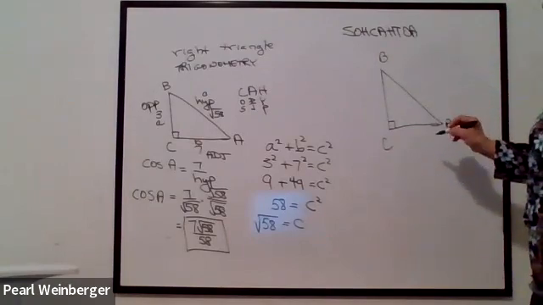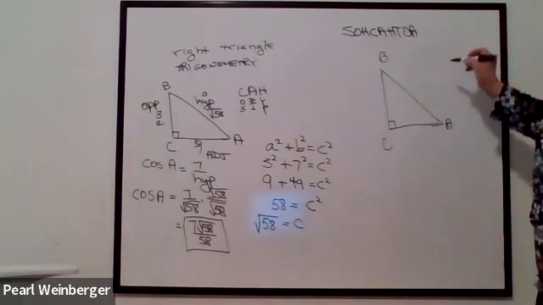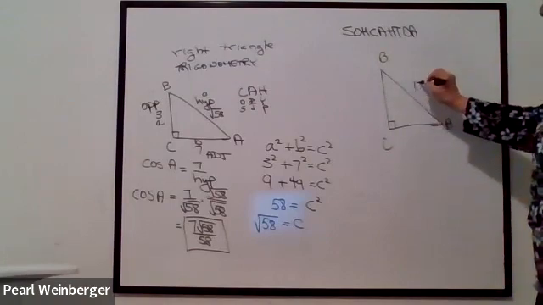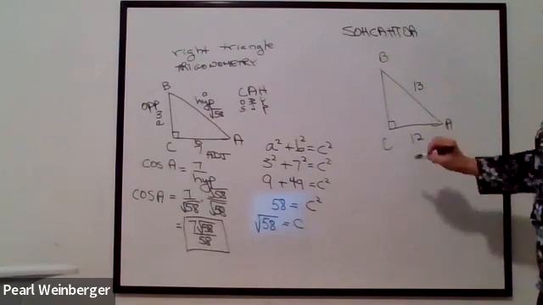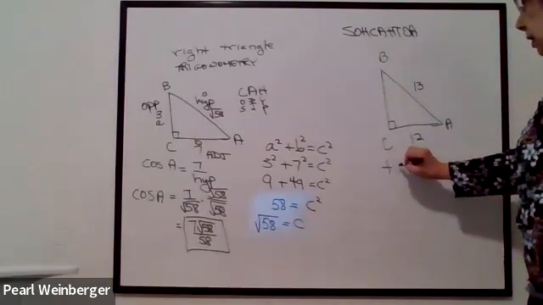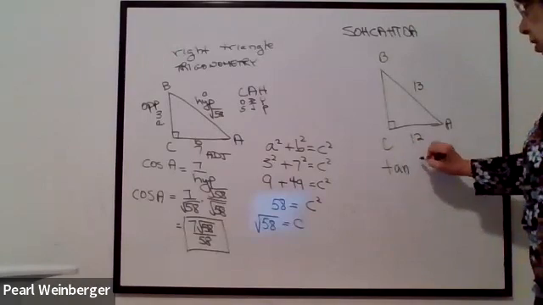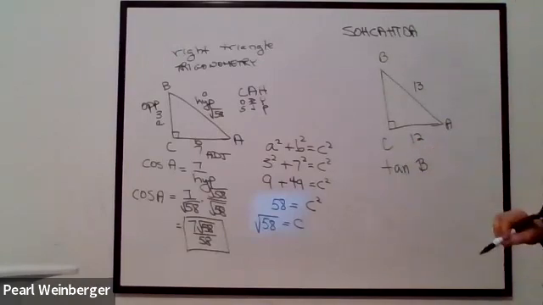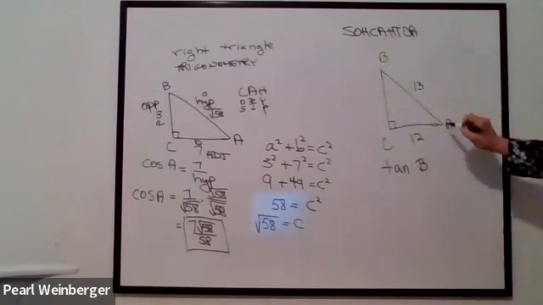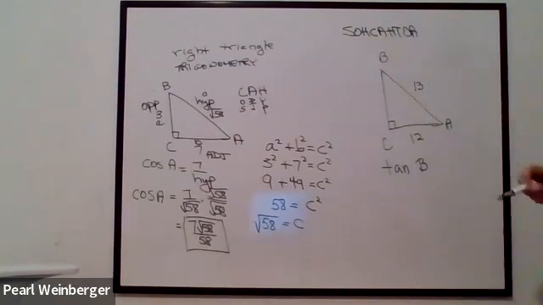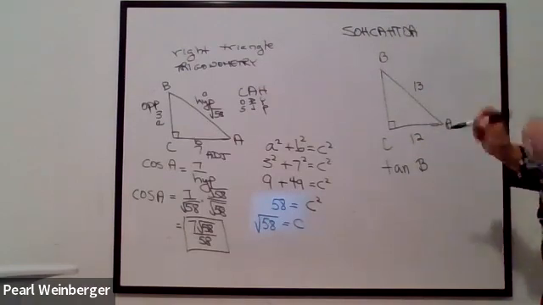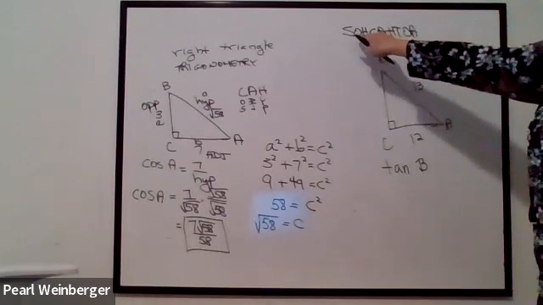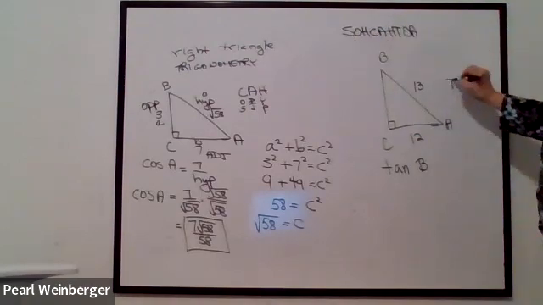And let's say I say that this side is 13, this side is 12, and I want you to find the tangent of B. I didn't ask for the tangent of A, I asked for the tangent of B. Now, again, I'm going to do what I did before. What do we see? So, SOHCAHTOA.